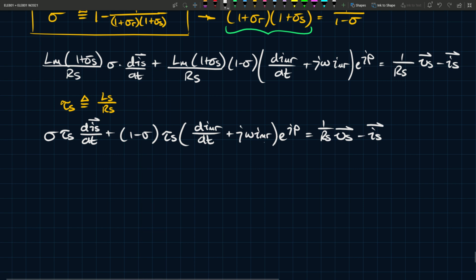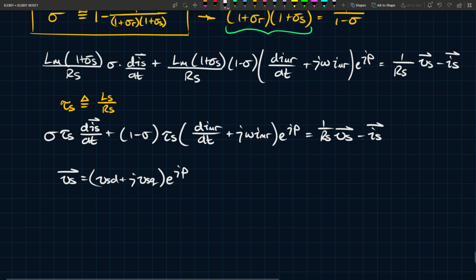Now we know that Vs and Is can be expressed in terms of their d and q components. For instance, you can say that Vs is equal to Vsd plus j Vsq, both multiplied by e to the j rho. We know this is true, and the same thing is true for Is.